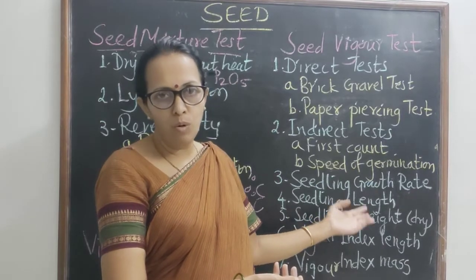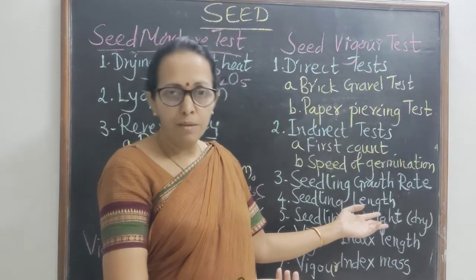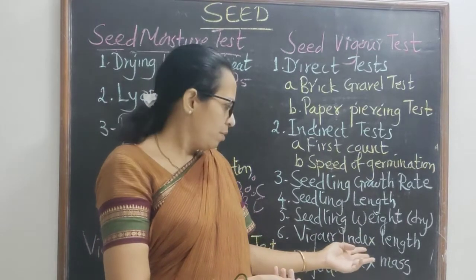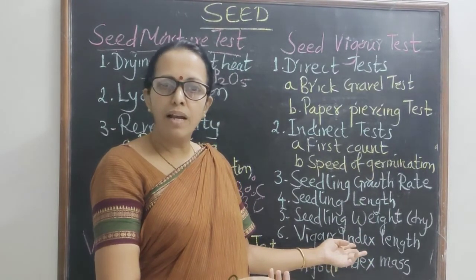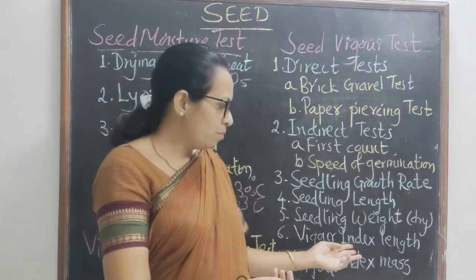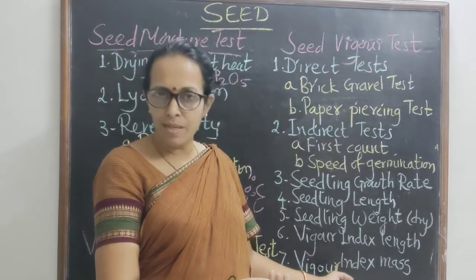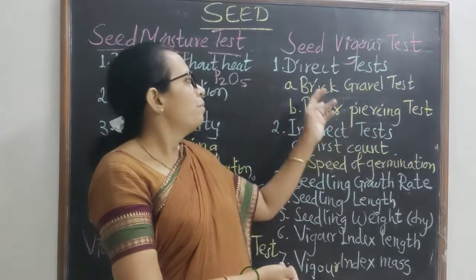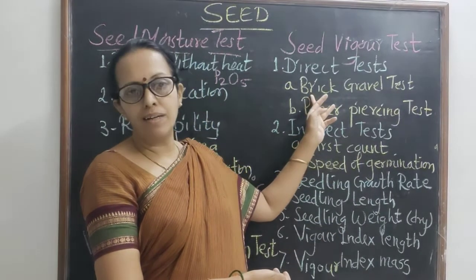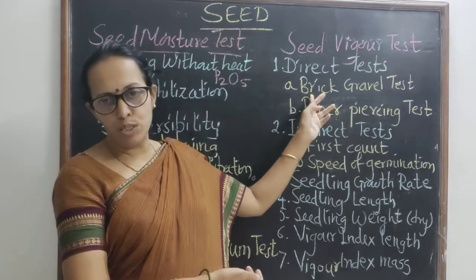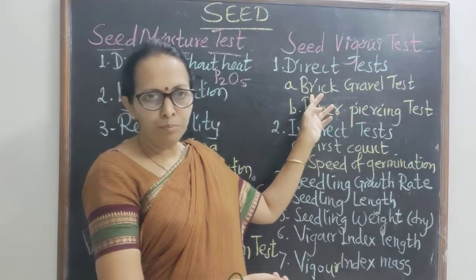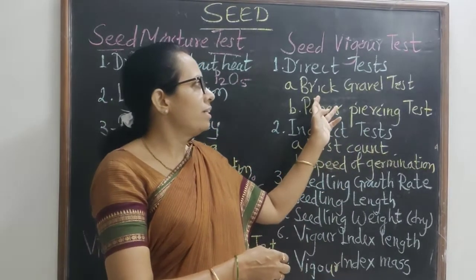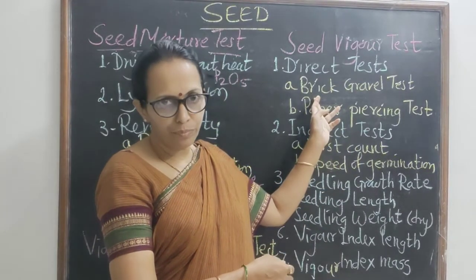You can go for seedling length, then mass, or what we call weight, or even vigor indices for length as well as for mass. All these methods are now discussed, where the first method, the direct test, is a very simple method, that is the brick gravel test.